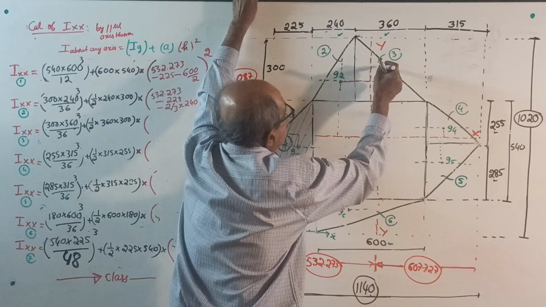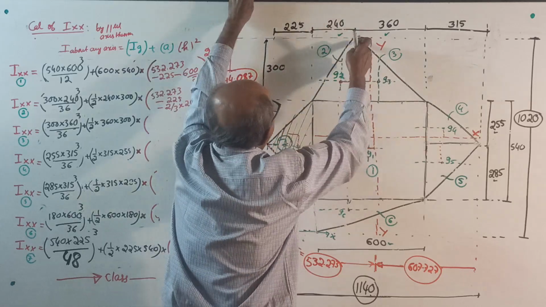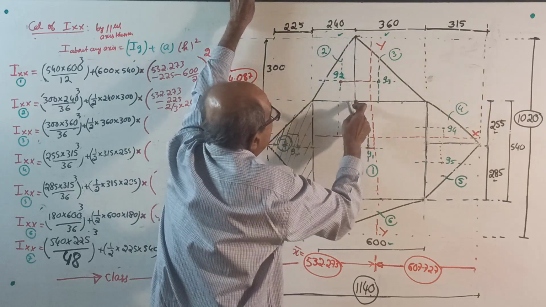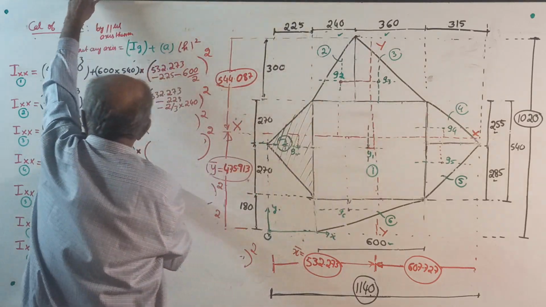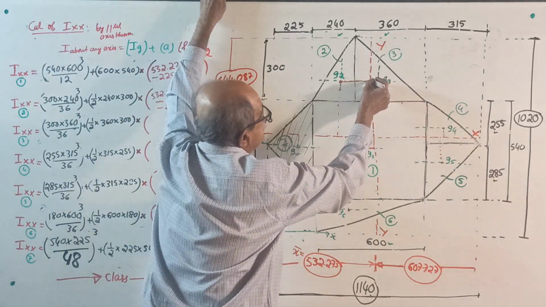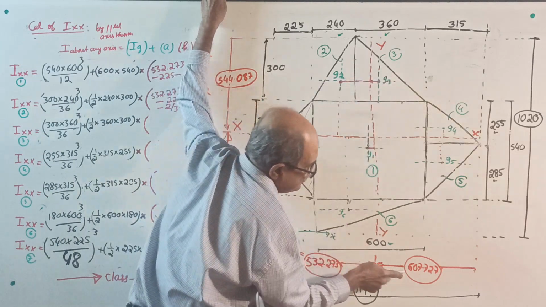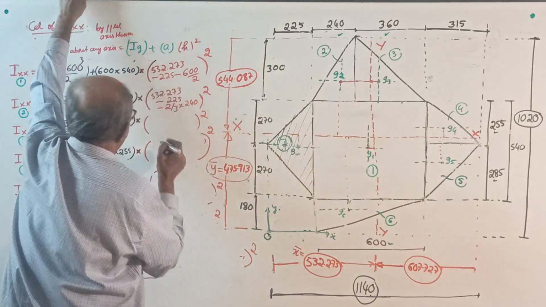First, I about its own centroidal axis parallel to YY. Parallel side is 300. 300 into 360 cube by 36 plus area into, see, this distance square. That distance is 607.727.